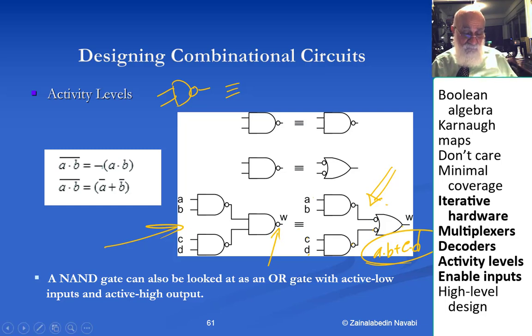Okay, I'm not talking about any different gates. Actually, when I want to build this, I will actually use NAND gates, but only to represent them. To make it more readable, I use OR gates with low activity levels, AND gates with low activity level on the output.